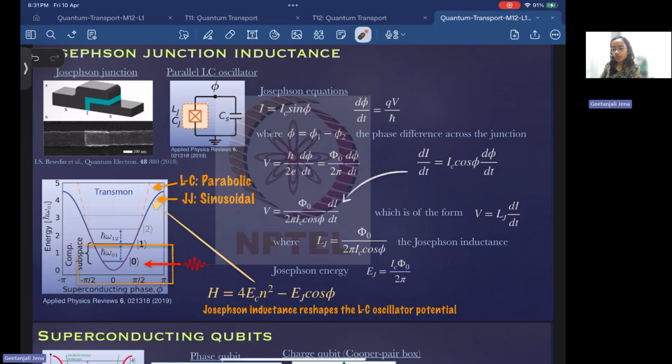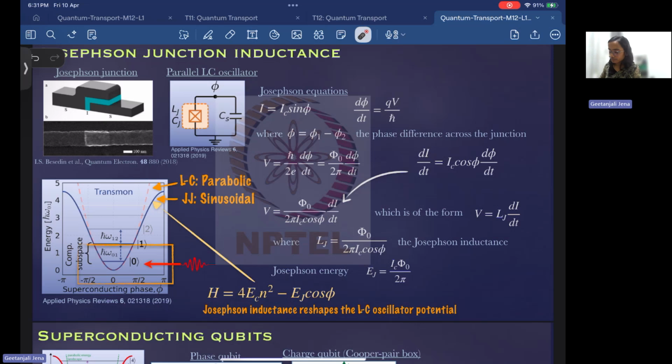But from the electrical point of view, we are more interested in the voltage-current relation, not the voltage and phi relation. Okay, so for that, we can use this relation because there is a d phi by dt here. So we take a derivative and replace it here.